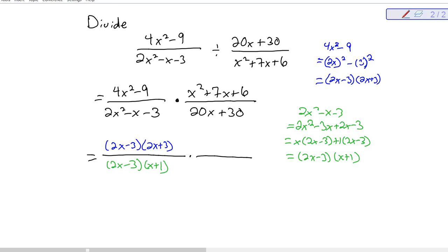Then we have the x squared plus 7x plus 6. Factors of 6 that add up to 7. It's going to be x squared plus 6x plus 1x plus 6. Take out an x, take out a 1, and I get an x plus 6 and an x plus 1.